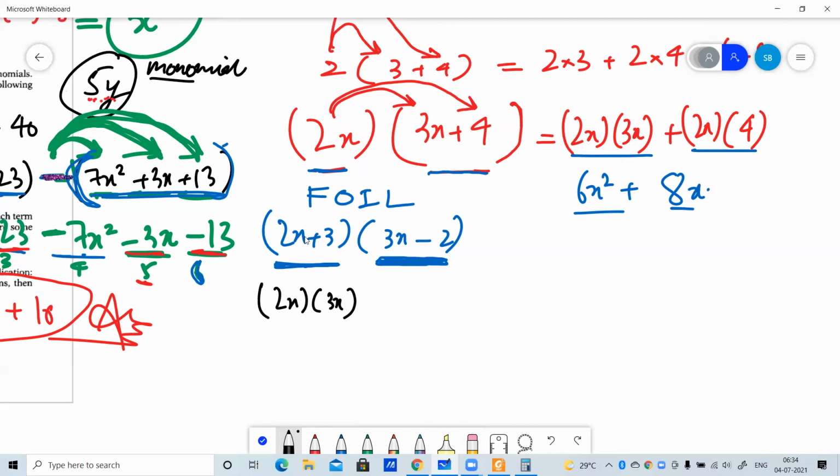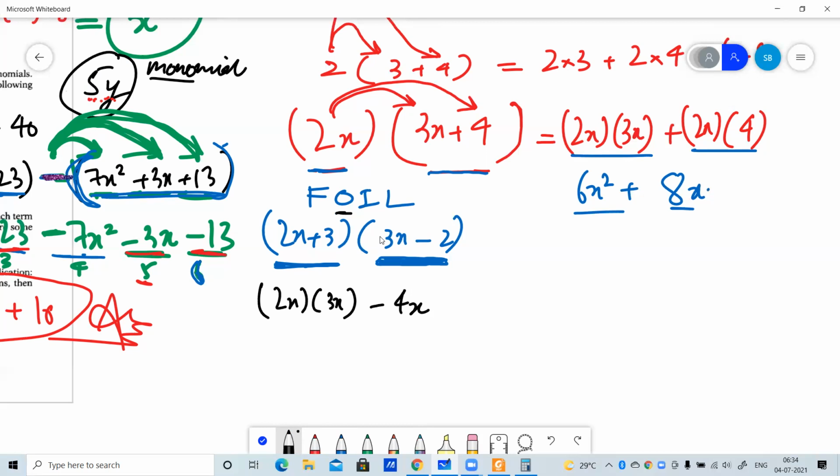And then 2 times negative 2, that's negative 4. But x is there, right? Yeah, negative 4x.